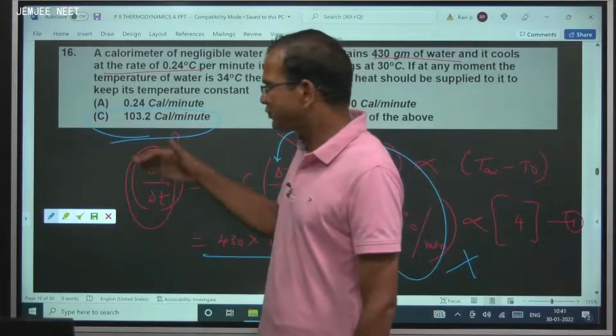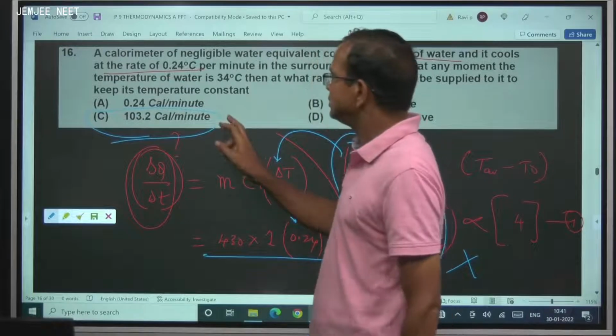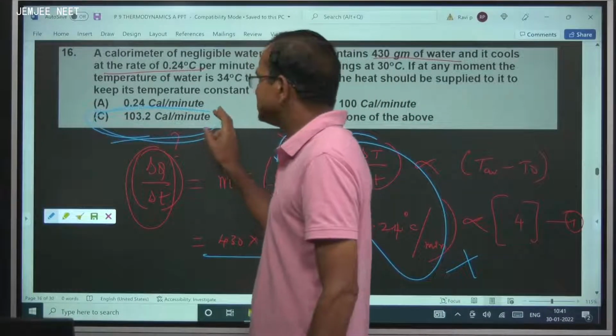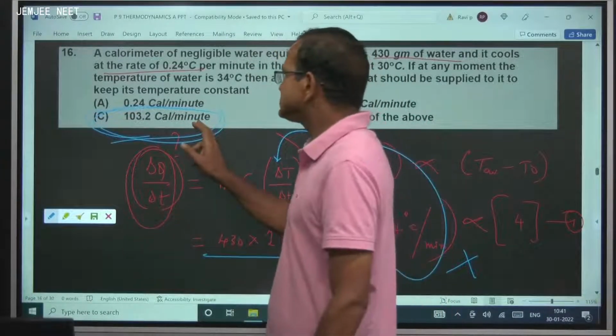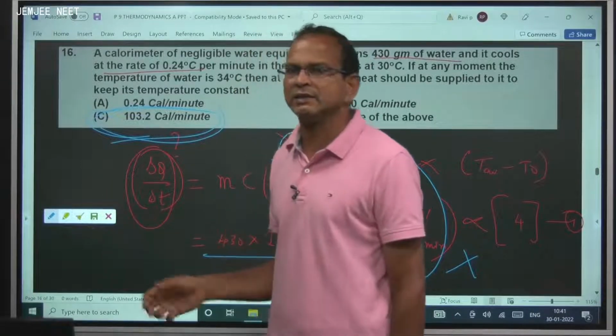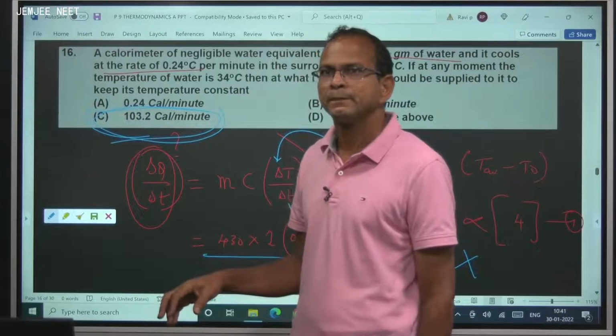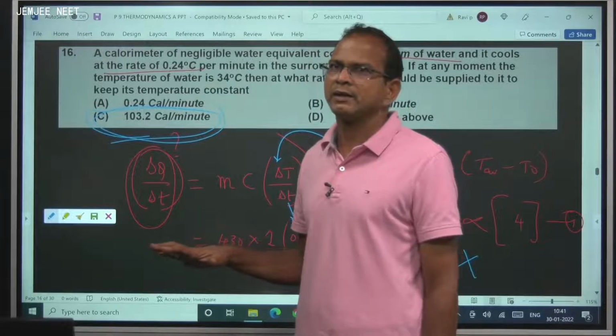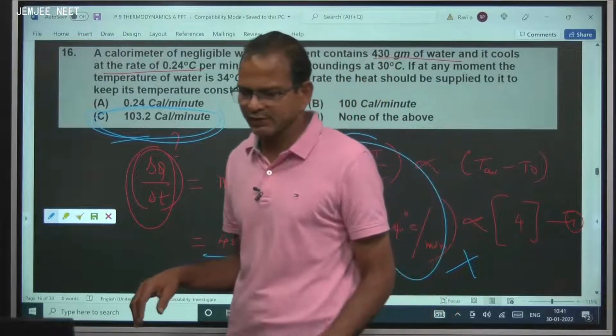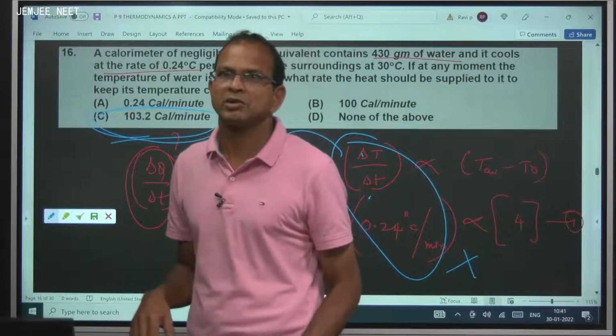If rate of fall of heat is this many joule or this many calorie in a minute, and you use an LPG stove and supply exactly this many calorie of heat, then what will happen to temperature of the body? It will remain constant.